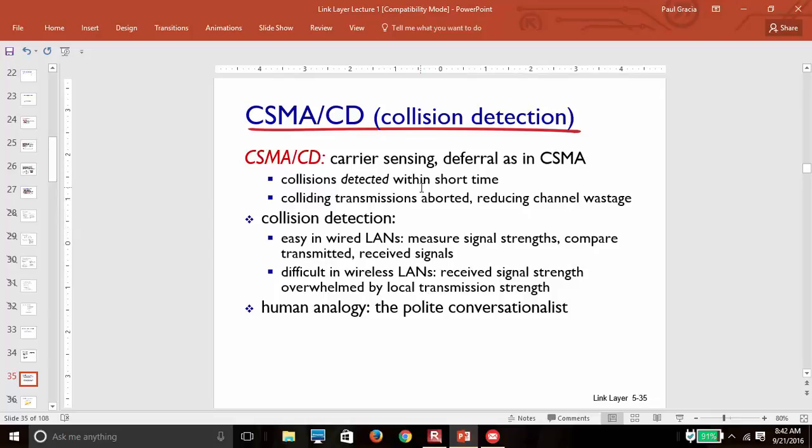What we do here to try to reduce that time wasted of sending a packet that's going to have to be retransmitted because the medium was being shared, we basically detect when a collision does occur, and we quickly abort our transmission so we don't waste the channel. So that's a little bit more efficient.